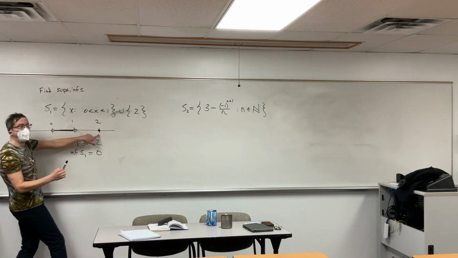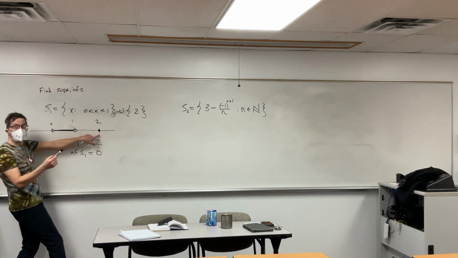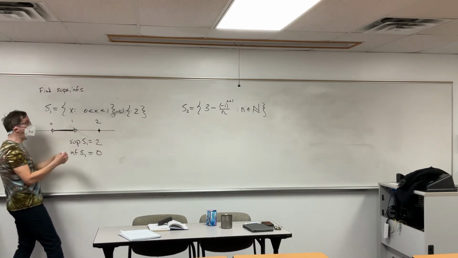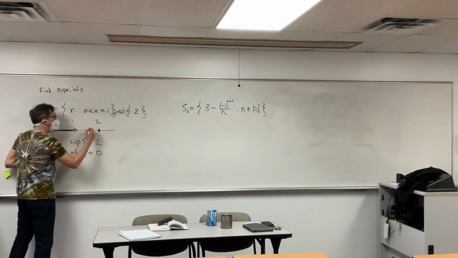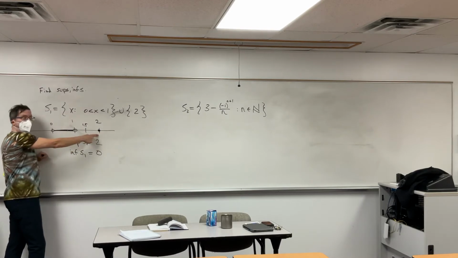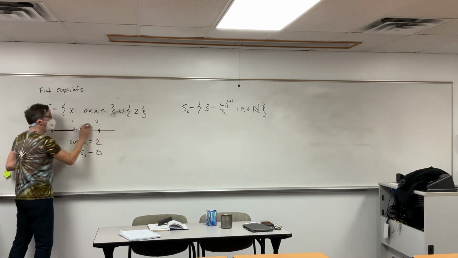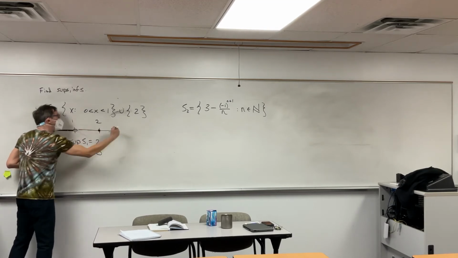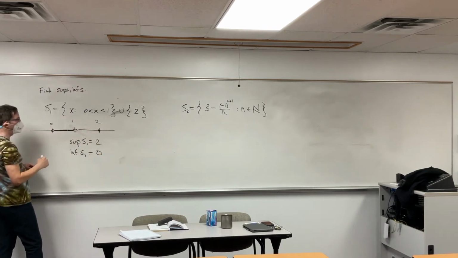That's totally cool. 2 is an upper bound for this set. Anything else couldn't be. If you'd said 1.5 is an upper bound, you'd be lying, because 2 is to the right. So any number inside here is going to fail. 2 is the leftmost you can go.